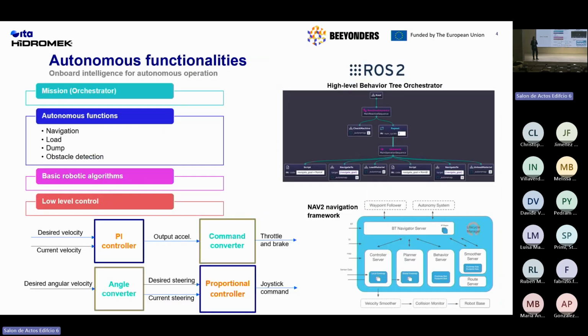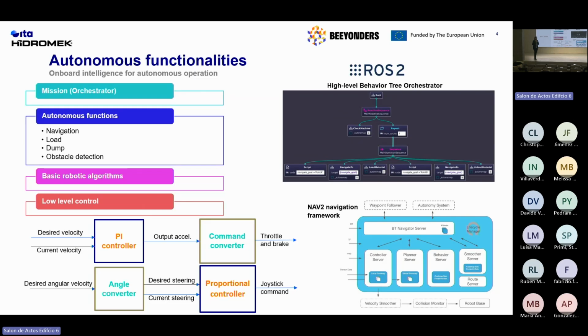After the robotization, it comes the moment to start the development of the software. First, we have developed all the functionalities that are required to obtain a fully autonomous system, from the low-level control that allows us to send commands directly to the machine, like throttle and brake commands, and also to steer the machine, to achieve the desired linear and angular velocities.